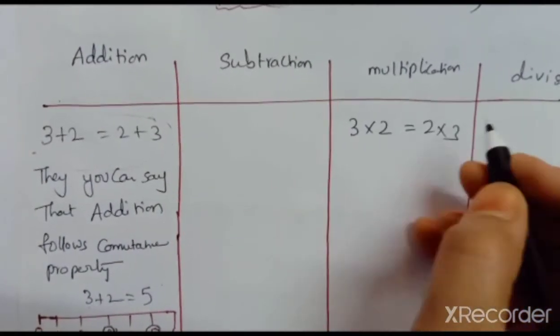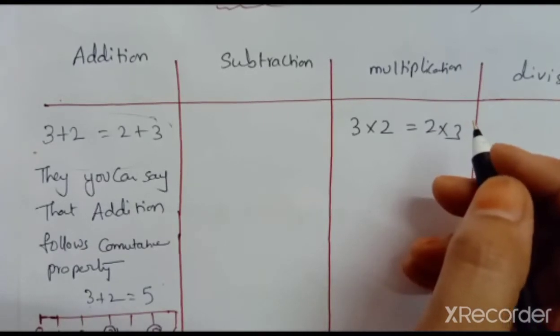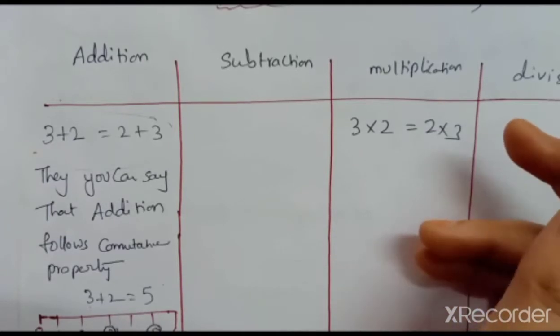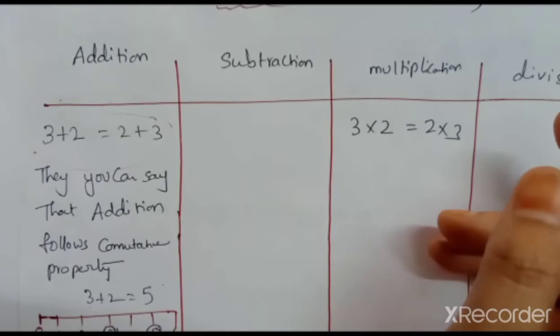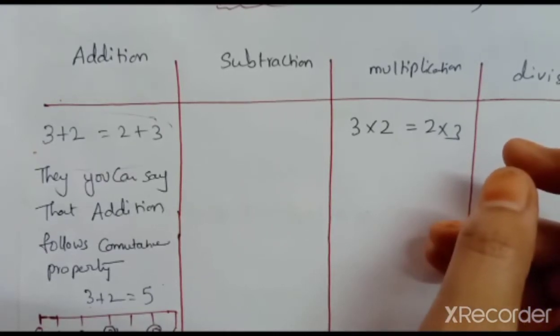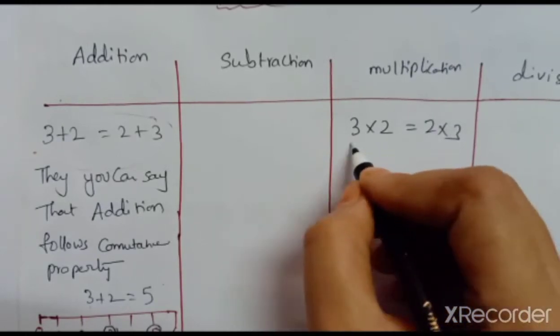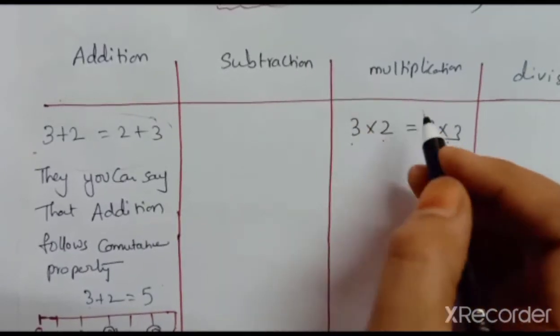Whereas in the closure property, we say that 3 into 2 is equal to a whole number. If you multiply two numbers and you get a whole number, then that is the closure property. But in this case, multiplication, 3 into 2 is equal to 2 into 3, so it follows the commutative property.